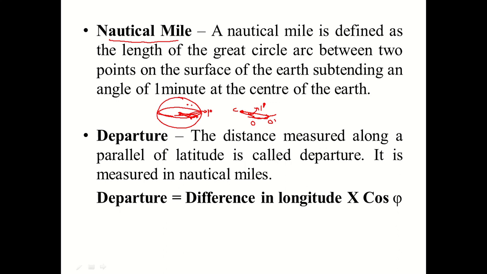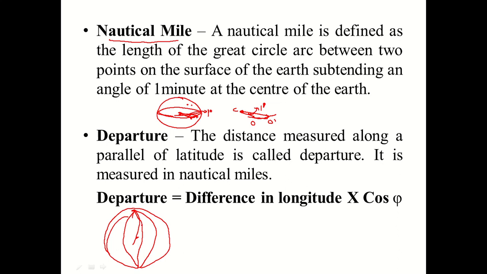That means, suppose this is the earth and this is the center, then you know that many meridians can be drawn, because this is a meridian, this is another meridian.